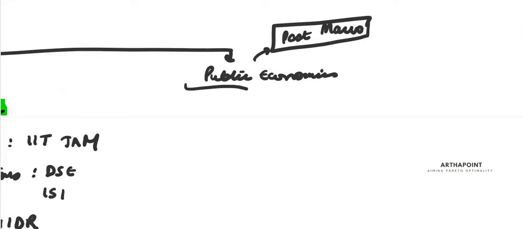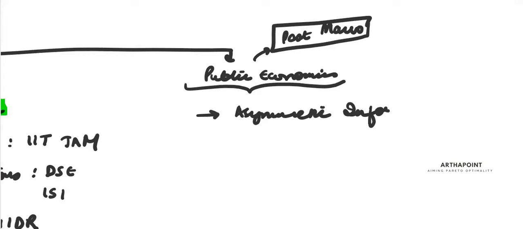And here we will do a topic on asymmetric information. Slowly, DSC has started giving importance to this topic. So in very recent years, we had a question coming from this on asymmetric information.